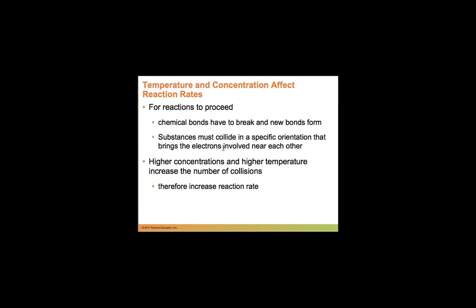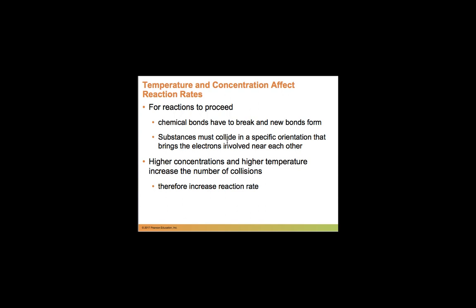We have to make sure that the electrons involved in the bond formation or bond breaking are close to each other. If we have two electrons from two different molecules that are too far apart, there's no way we could form a bond. Therefore, in order to form these new bonds, we have to make sure that these atoms are close enough for the electrons to interact with one another.